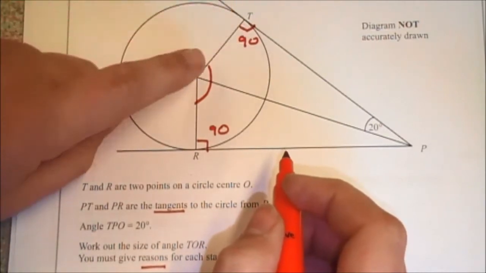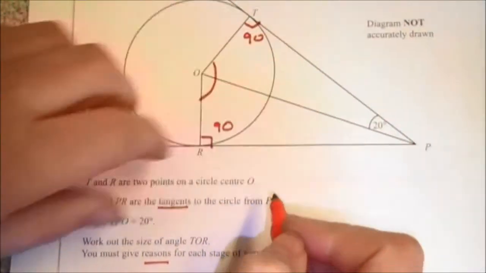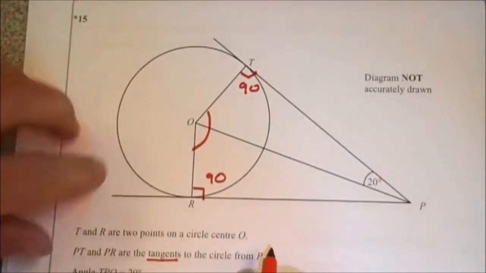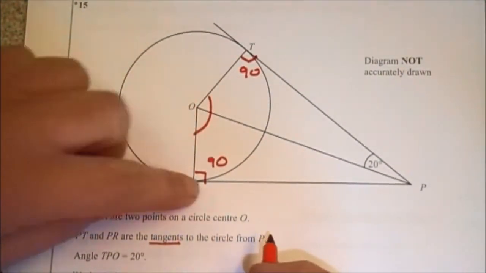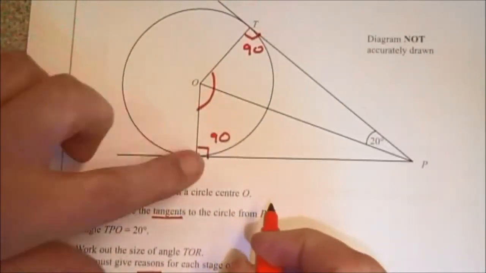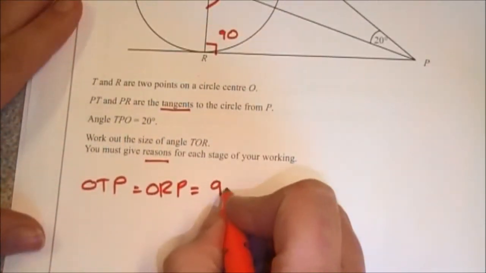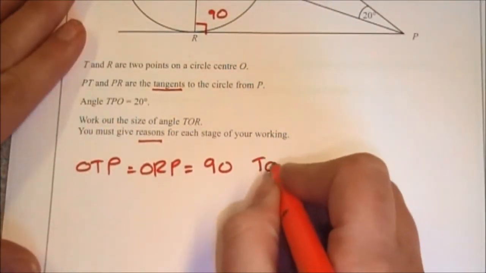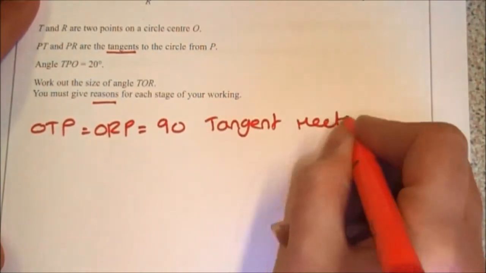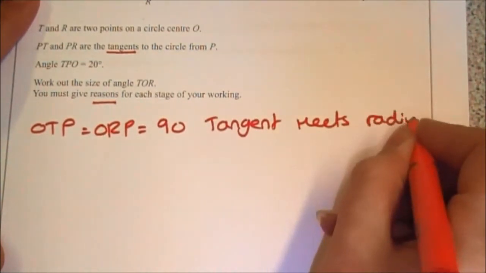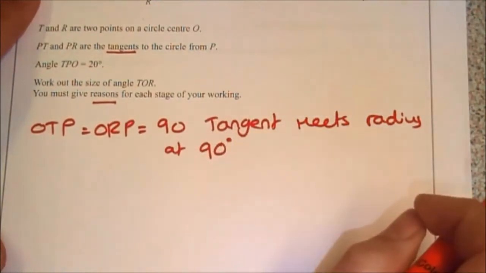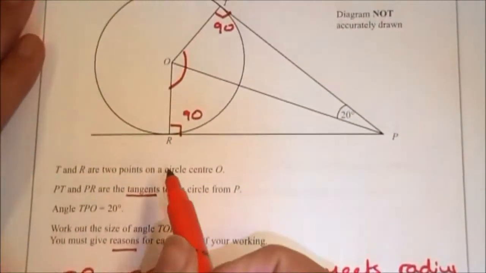Angle OTP is equal to angle ORP, which is equal to 90. And the reason is that tangent meets radius at 90 degrees.